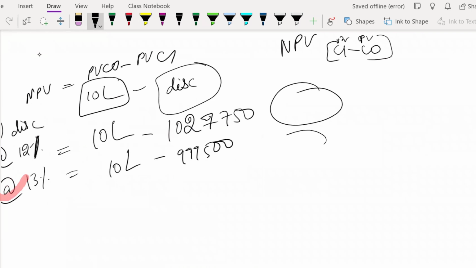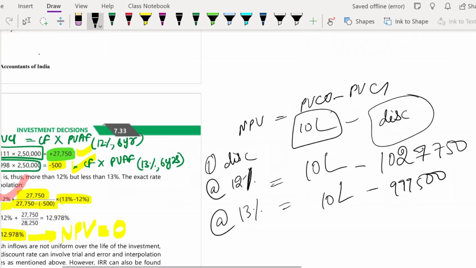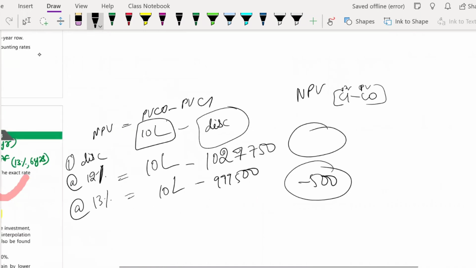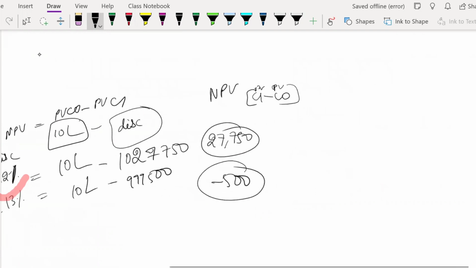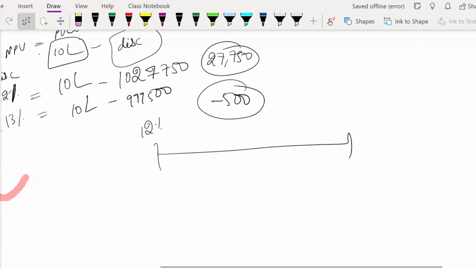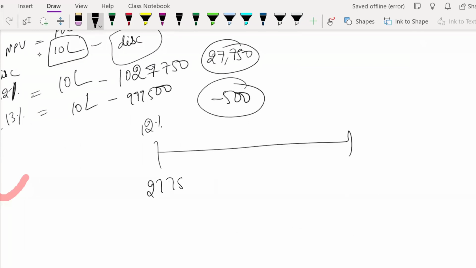So the NPV in both these cases would be minus 500 here and 27,750 there. So at 12%, your NPV is 27,750. At 13%, your NPV is minus 500. We need to find out such a rate at which your NPV is 0.